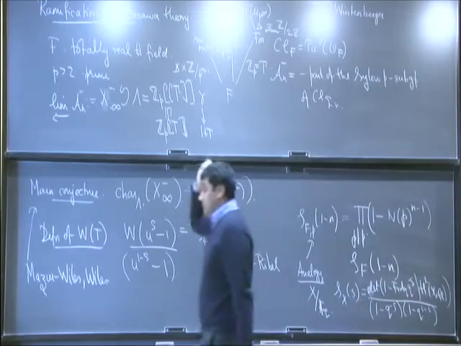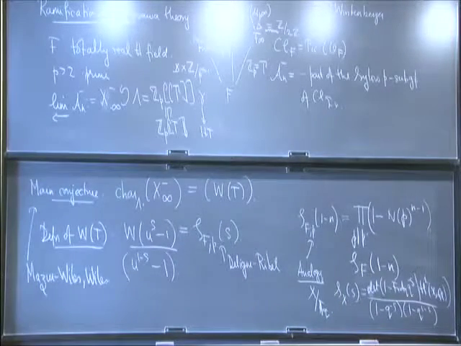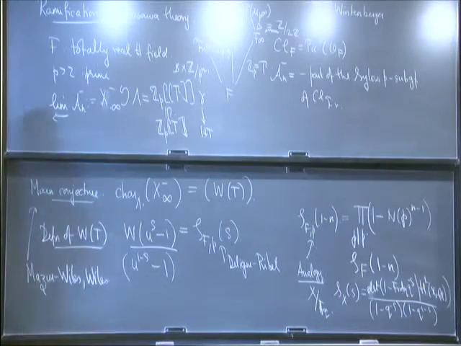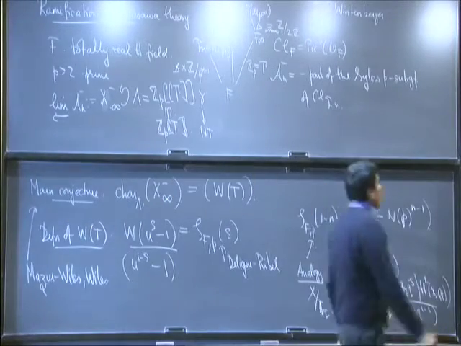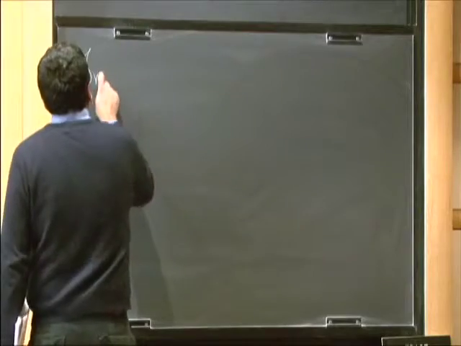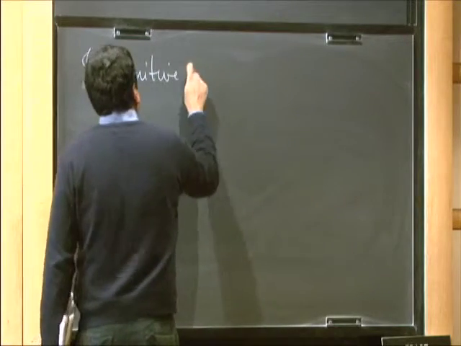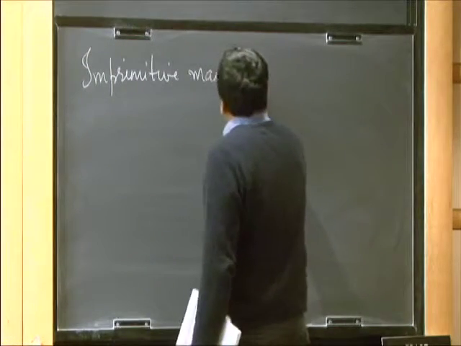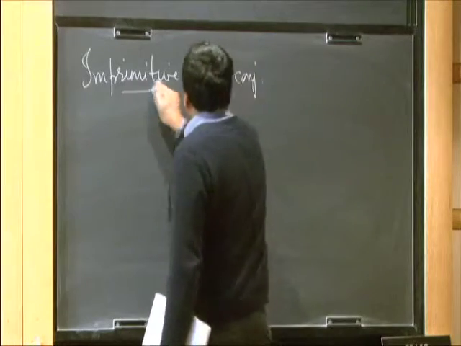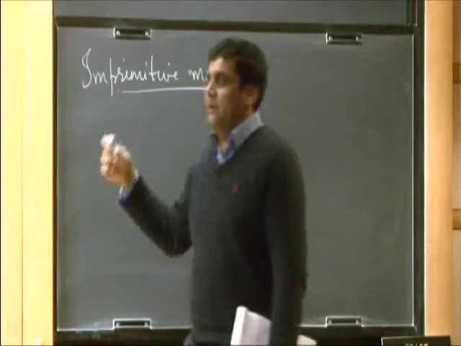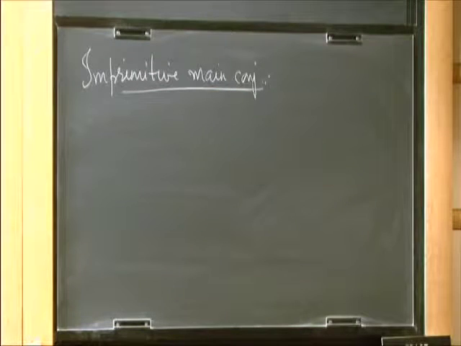Okay. So this one can call the primitive main conjecture, and now one can look at the imprimitive main conjecture. Instead of looking at X infinity minus, where you allow no ramification, you choose a finite set of primes and then allow ramification above those primes.